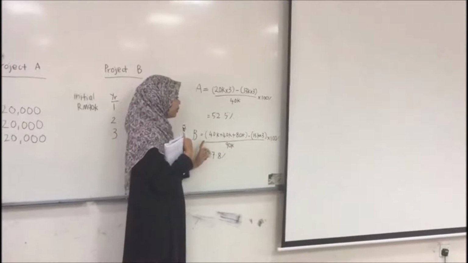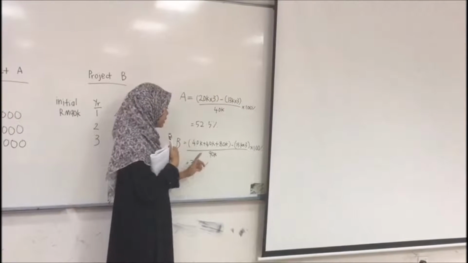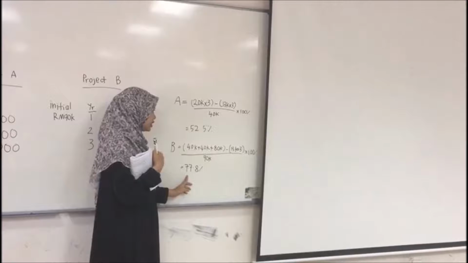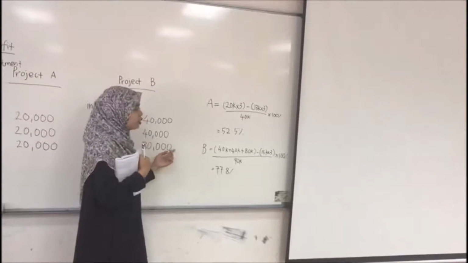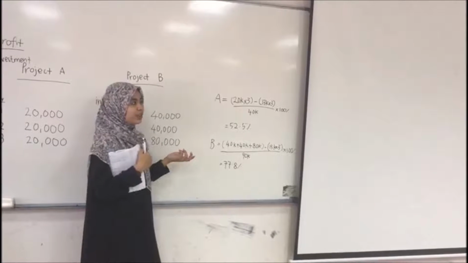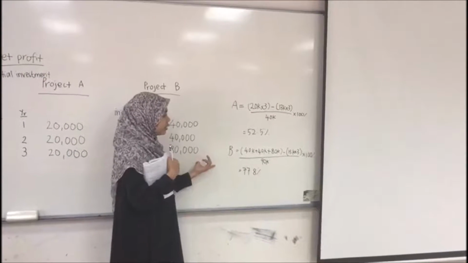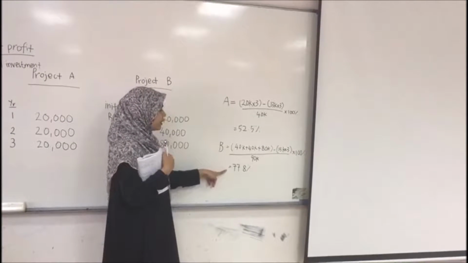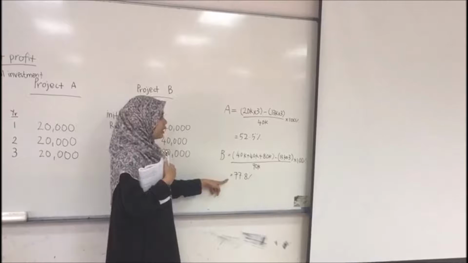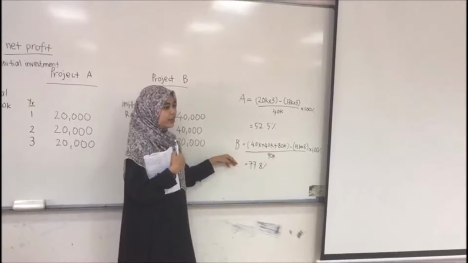For project B, minus the depreciation and divide by the initial investment, and we get 77.8%. So if we choose mutually exclusive, we have to choose the best one, so we will choose B. For independent, we can choose both because both have a positive percentage.